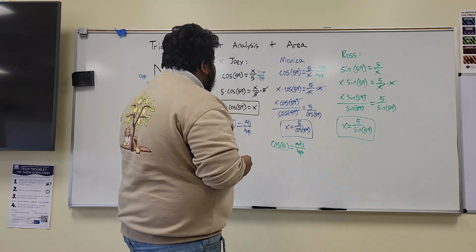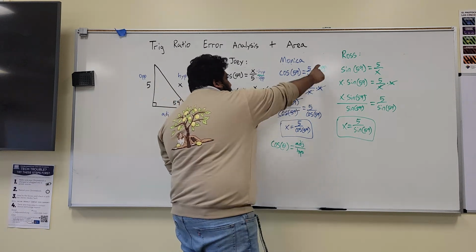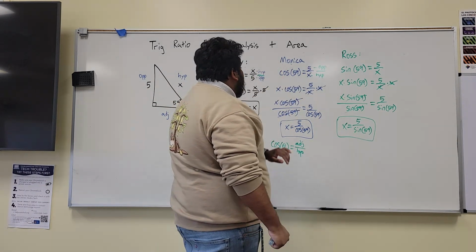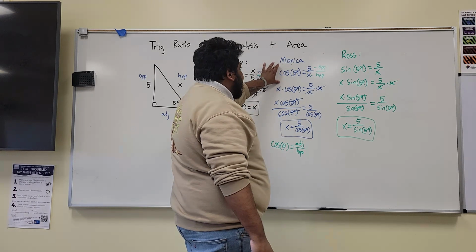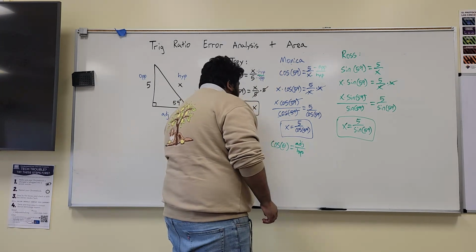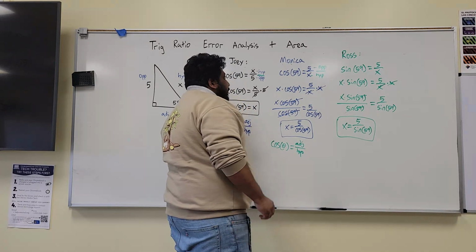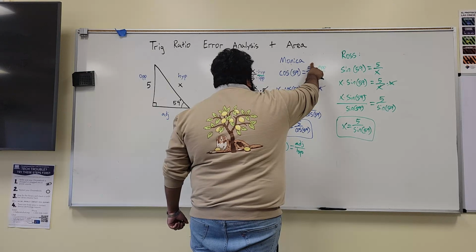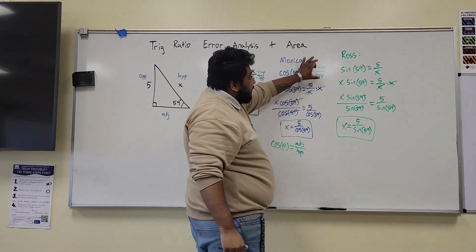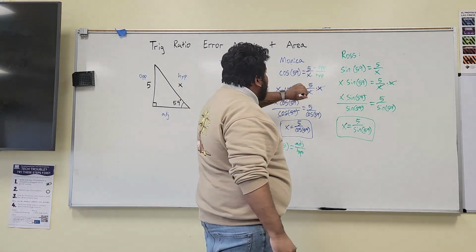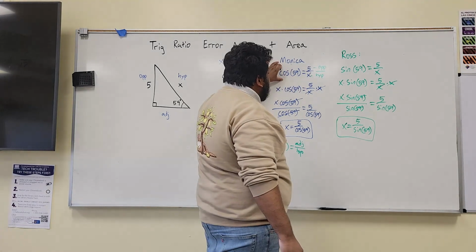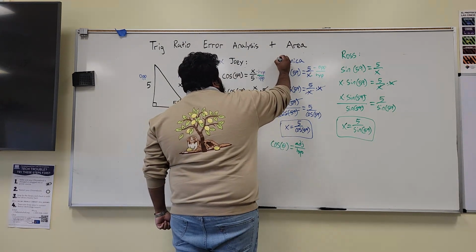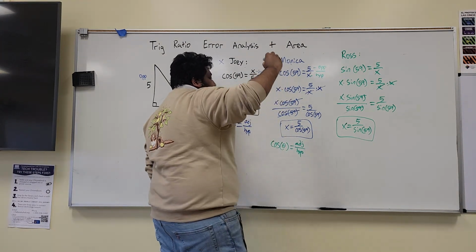So now we have a usable ratio, but she used the incorrect trig ratio. She shouldn't have used cosine in this case. So she made a mistake over here as well. Her setup kind of works because now she's using some sides in a ratio position that we're familiar with, but she used a trig function that doesn't go with it. So Monica also is incorrect when setting up.